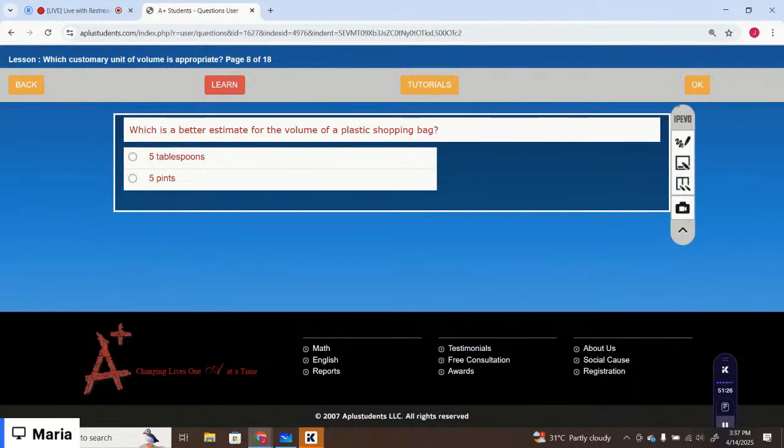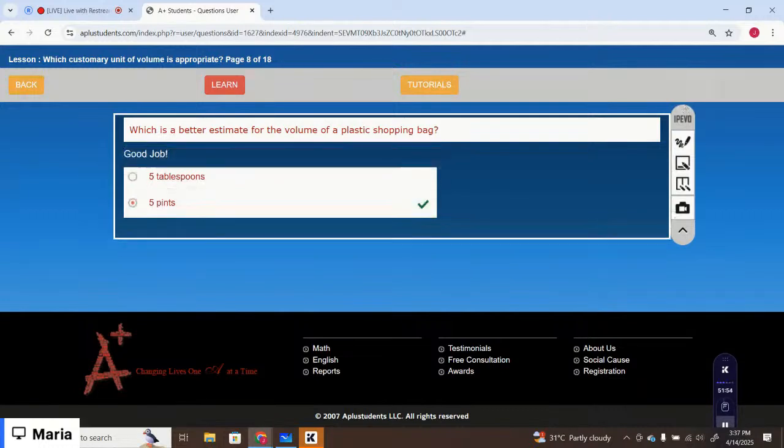Which is a better estimate for the volume of a plastic shopping bag? Shopping bag, that must be 5 pints. Option number two is the correct option.